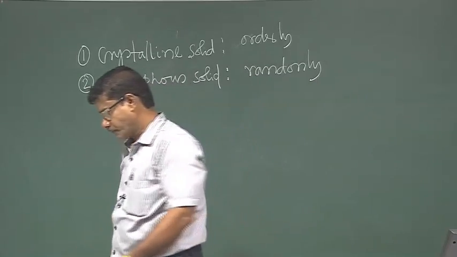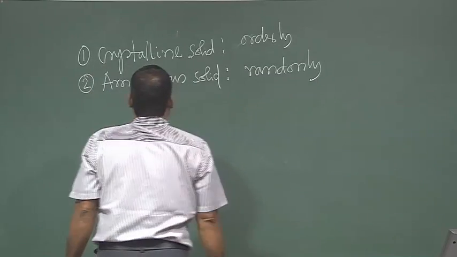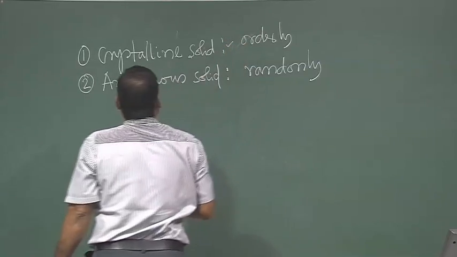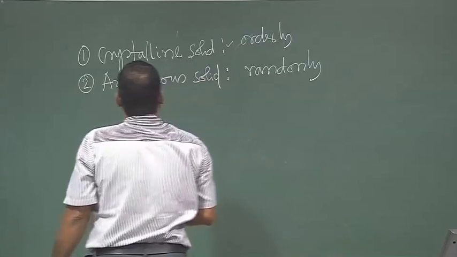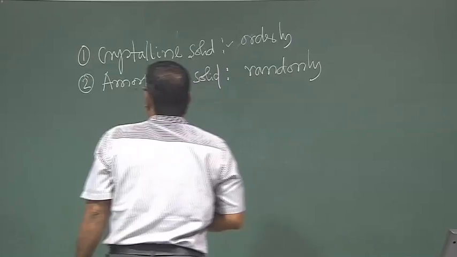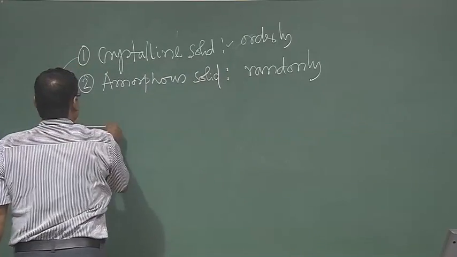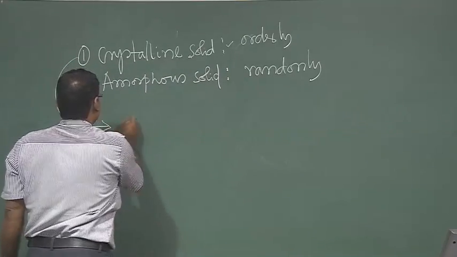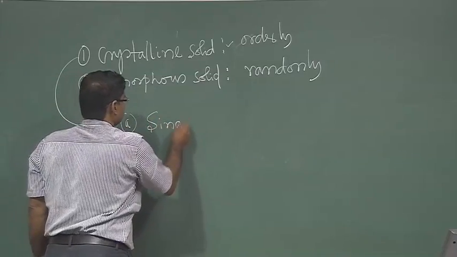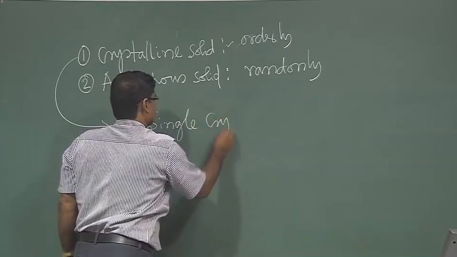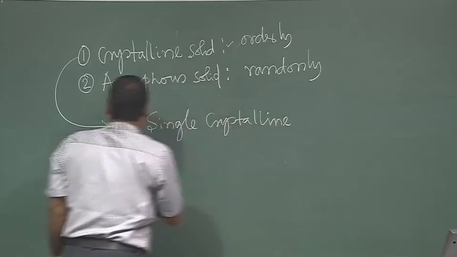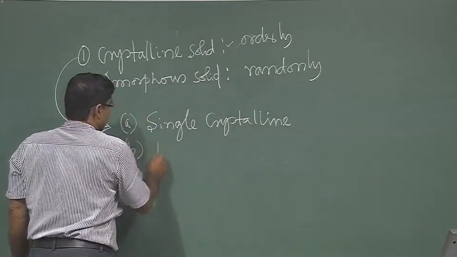Okay. So, this crystalline solid, again it is of two types. One is single crystalline solid, and another is polycrystalline solid.